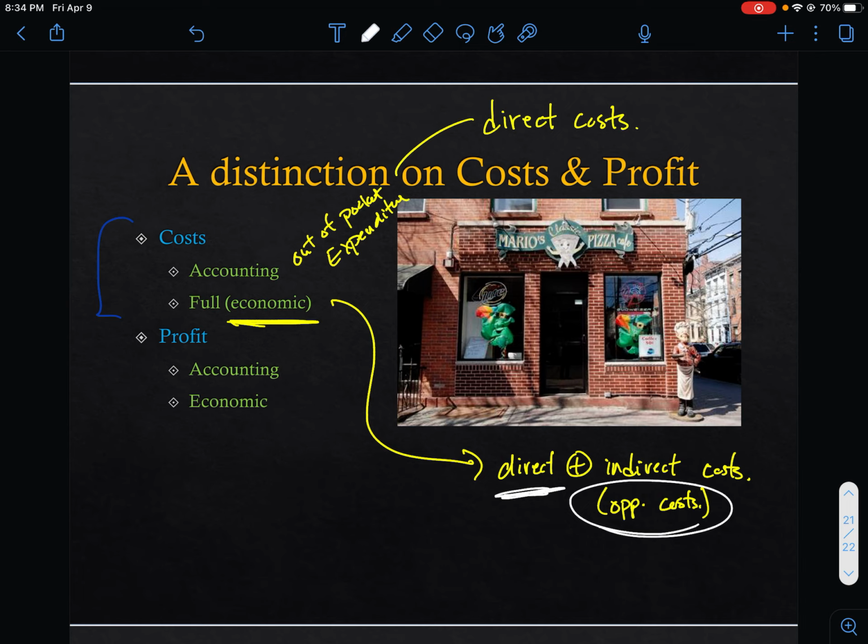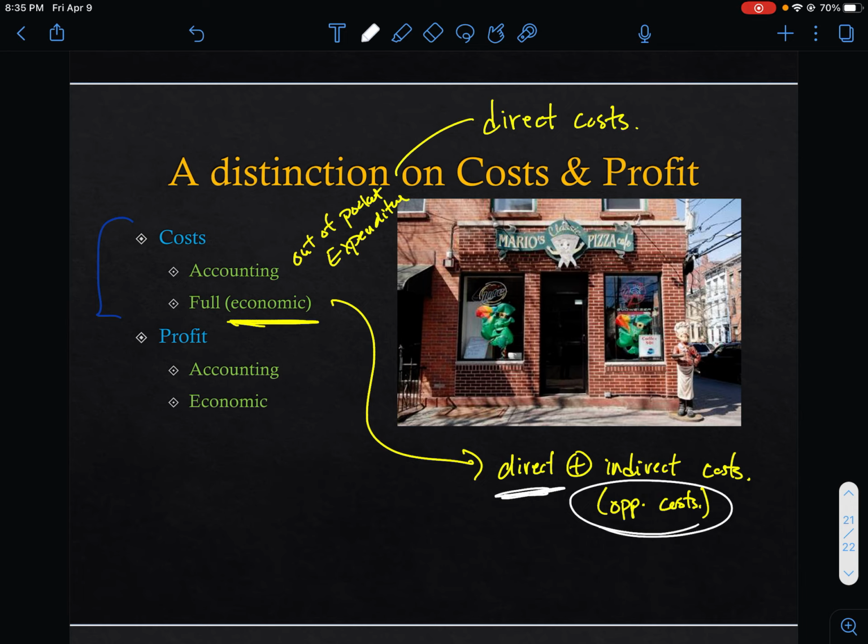But for the economist, it is. There's an opportunity cost there. You own that building. That is a resource. That's an asset. And if you don't use it to run your pizza shop, what else could you do with it? Well, you could rent it to someone else to run a pizza shop or a comic book store or a dress shop or medical marijuana or anything else.